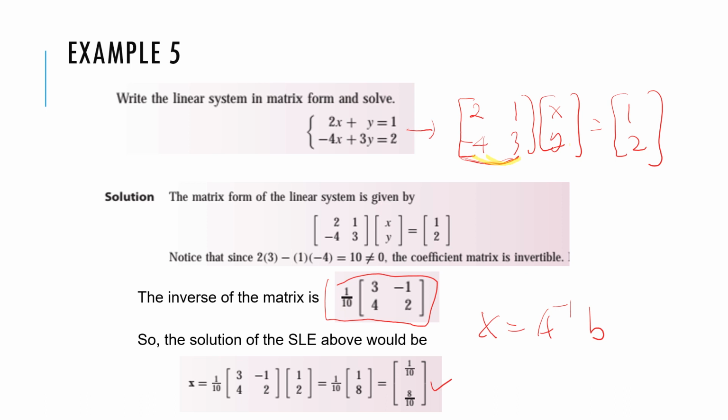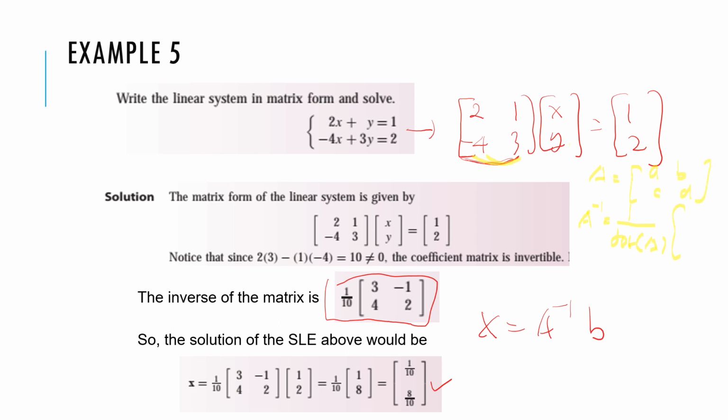And now what is the inverse of this? We can use the formula which has been explained in the previous slides. If we have a 2 times 2 matrix, remember this, A inverse equals 1 divided by determinant of A, times this matrix. Let's say we have matrix A equals a, b, c, d.